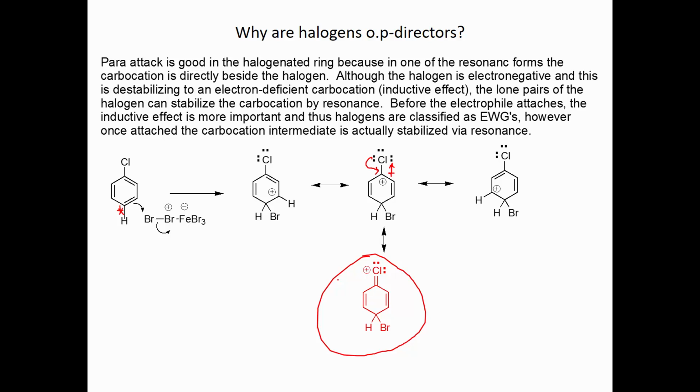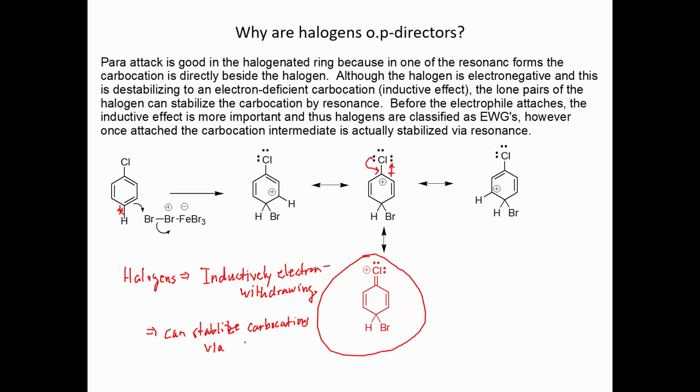What we can say here is that halogen, and all the halogens have this property, they're inductively electron withdrawing because they're electronegative, but they can stabilize carbocations via resonance.